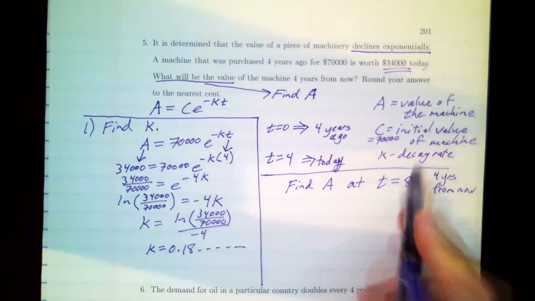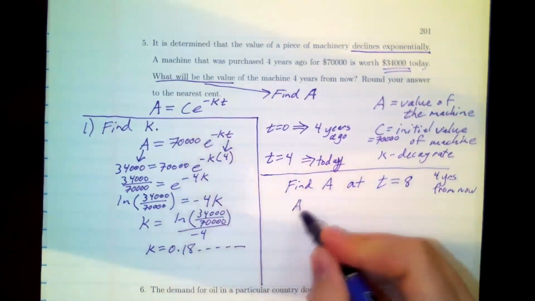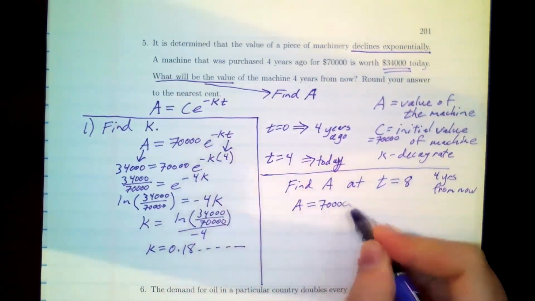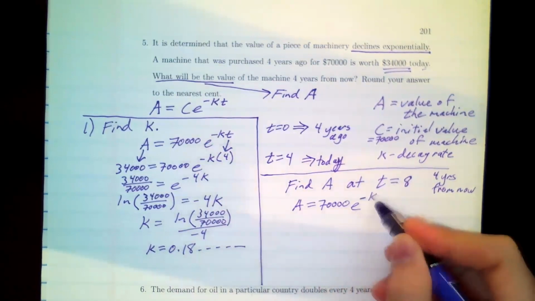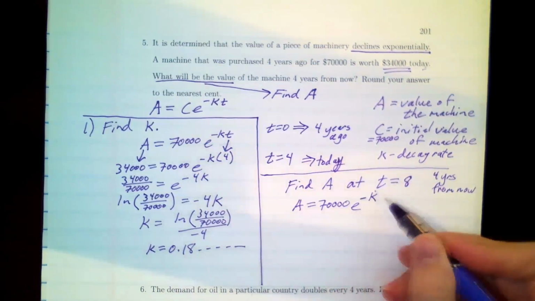So I'm going to plug T equal 8 into this formula. A equals C e to the minus K T. I know what K is. It's in my calculator. And I'll be plugging in 8 for T. Let's punch this out.